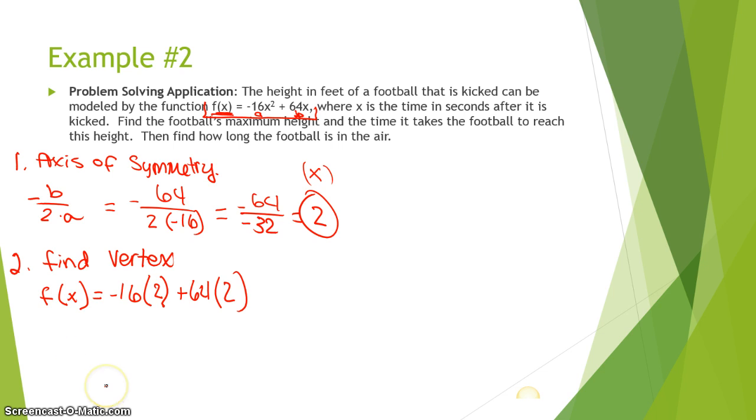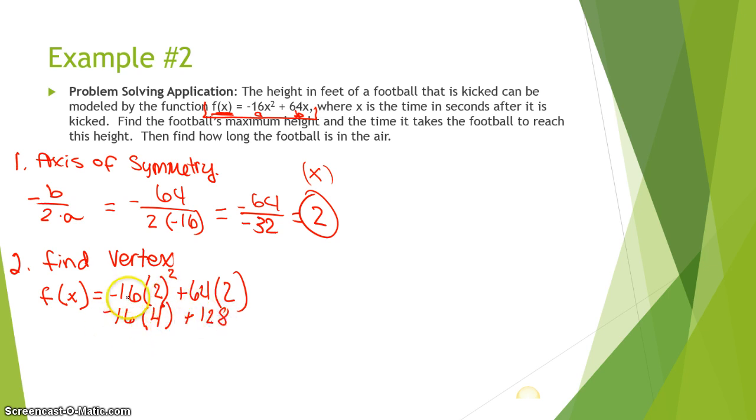When I simplify that down, I'm going to get -16 times, oops, I forgot to write squared here. 2 squared is 4, negative 16 times 4 plus 128.